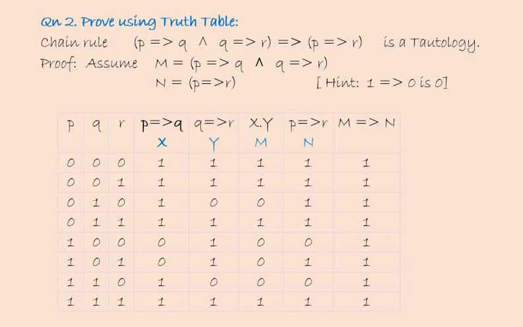Now we come to Q implies R. Q implies R will become true when Q is 0. So when Q is 0, Q implies R, which is Y, is okay, 1. There are 2 more cases of Q as 0. Then okay, they are again 1. But when Q is 1 and R is 0, no, it is not allowed.